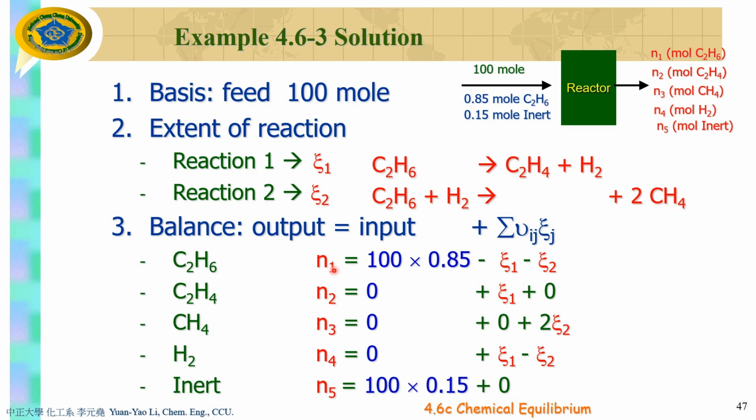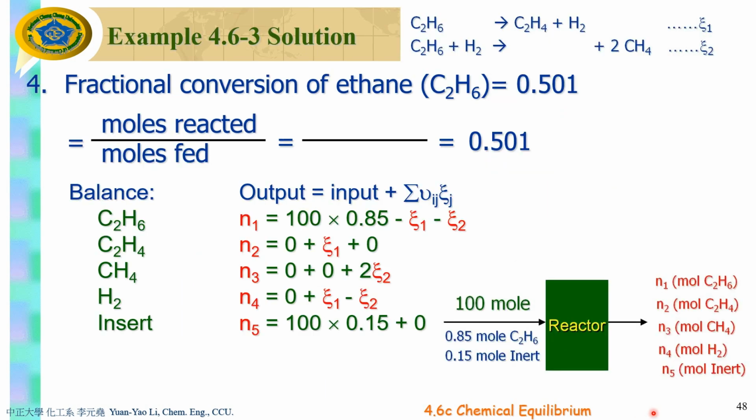The things I marked in yellow and red are unknown. So according to this, can you get Xe1 and Xe2? Can you get N1 to N5? Of course you can get N5, but can you get N1 to N4? No, you cannot, because there are two specifications. One is the fractional conversion of ethane, which is 0.501.